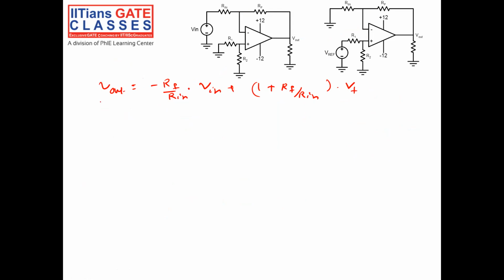Let us take RF by R in equal to K, a constant K. That means V out is equal to minus K into V in plus 1 plus K into V positive. Now there are two conditions, right?